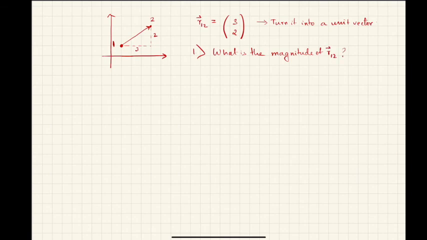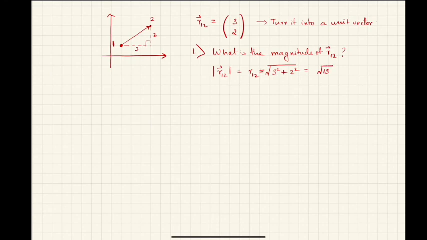Okay, and so let's just go back, and so we have this triangle. So simply the magnitude of the r12 vector, which again I'll just abbreviate as r12, is just the distance, right? And in this case, the distance is simply the square root of 3 squared plus 2 squared, which is nothing but 9 plus 4, which is square root of 13.